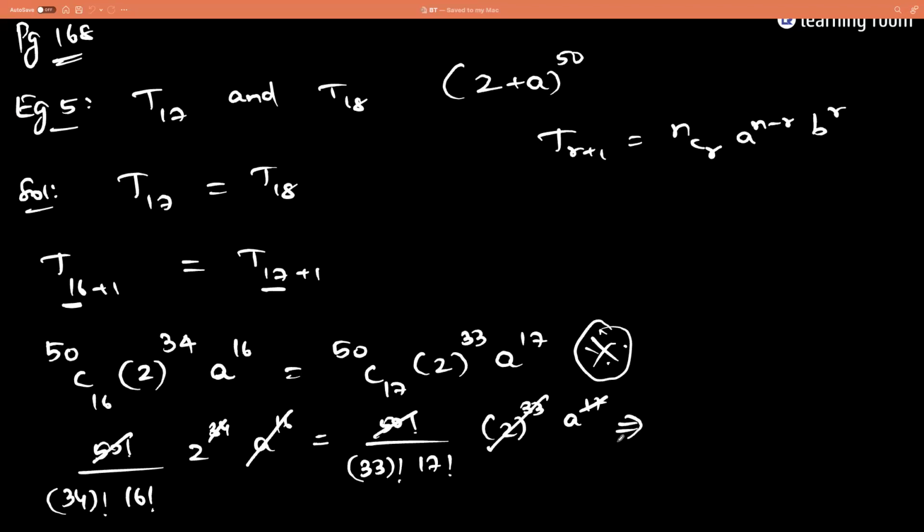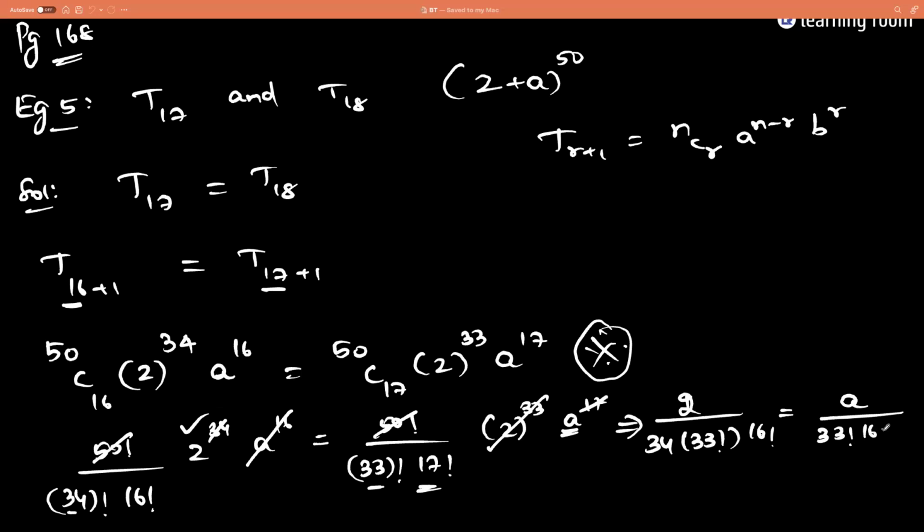This implies 1 divided by, see here, out of these two numbers, 34 and 33, obviously 34 is big. So I can write 34 factorial as 34 into 33 factorial into 16 factorial. I leave it as it is. And you're left with a 2 here. So on the right hand side, you have an a divided by 33 factorial into 17 factorial.